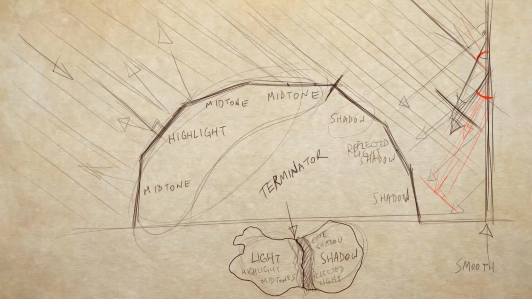Which one of these is the closest? Well, it's probably this one. So this will catch more light. Actually, no. This is closer to this. So this one will probably catch the most reflected light of these, so it'll be a bit lighter even though it's still in the shadow.